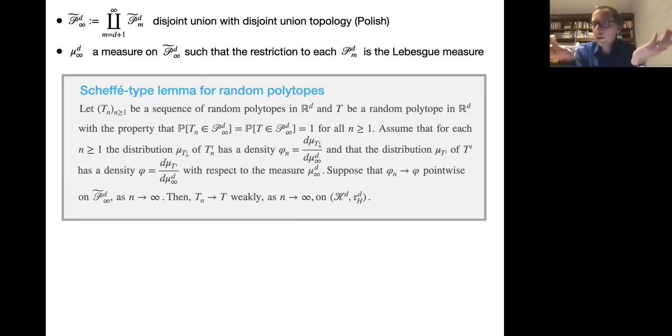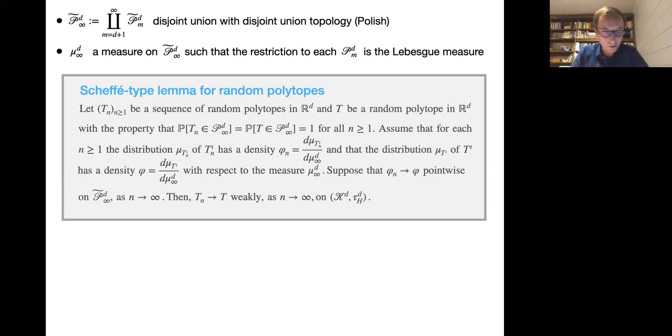But this is only possible since you have a topological structure, which allows you to make sense of weak convergence, and you have the structure of a measure, so you can talk about densities. We now come up with exactly the same idea, but on the space of polytopes. You have a topological structure, and you have a measurable structure on that space because you have a measure.